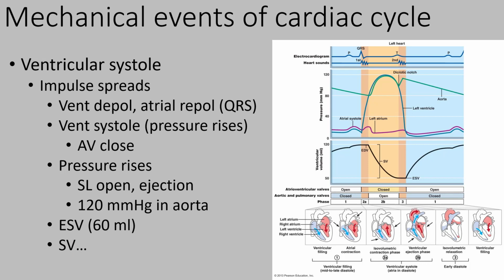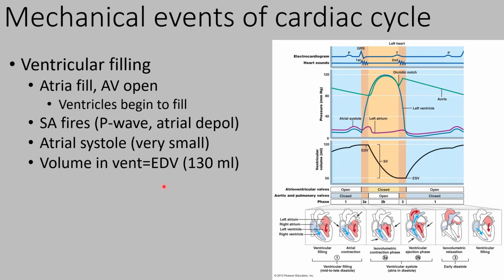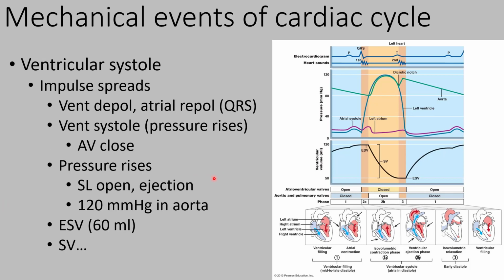So we saw 130 milliliters minus 60 milliliters equals 70 milliliters. So stroke volume for the average healthy adult white male is approximately 70 milliliters per beat.